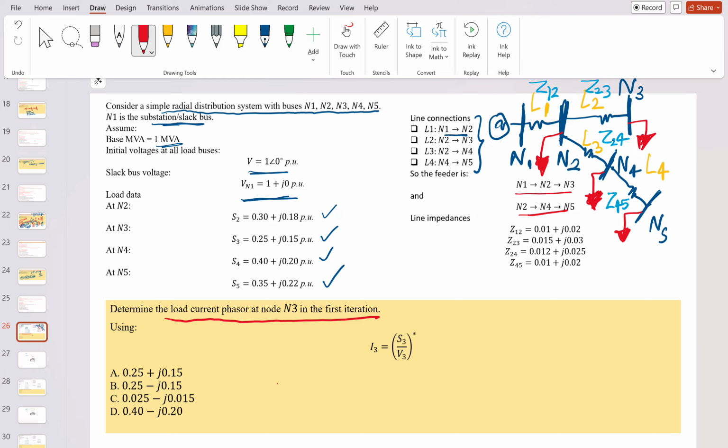Try to fit it in this question and solve it. If you face any problem in making this network or have difficulty in solving this question, just let me know.